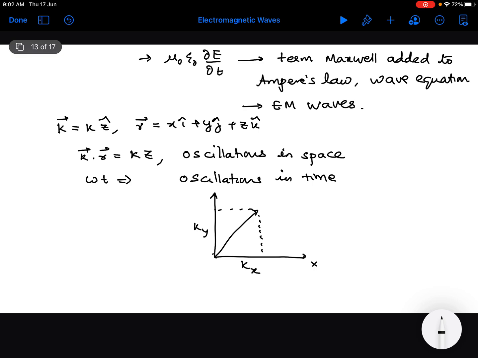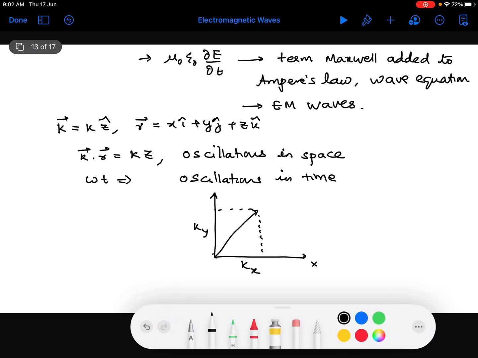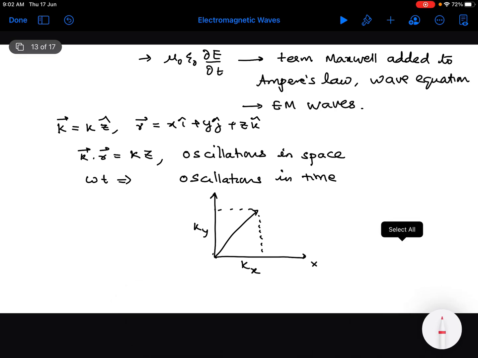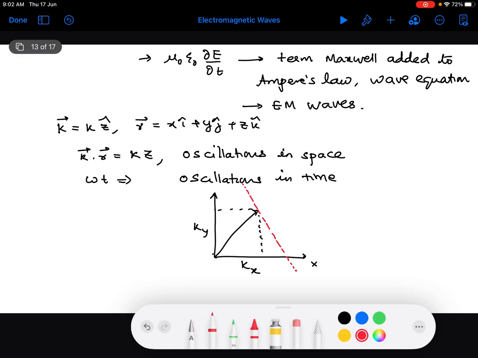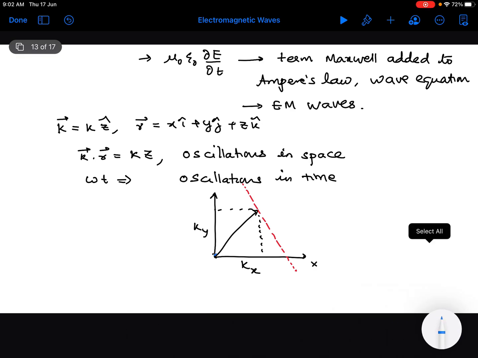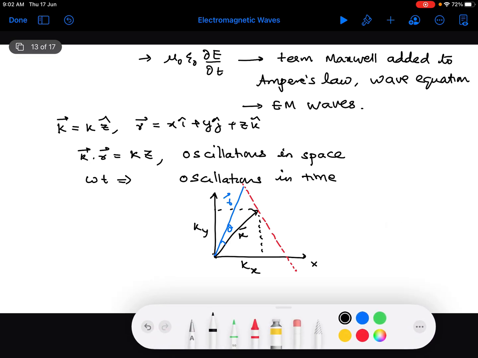Now we draw a line which is perpendicular to k. Now there is a position vector which is making an angle theta with respect to k. So this is theta. What is this blue line? It is the position vector, and this black line is the k vector, and the angle between them is theta.